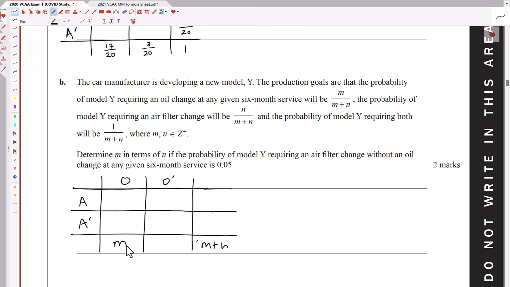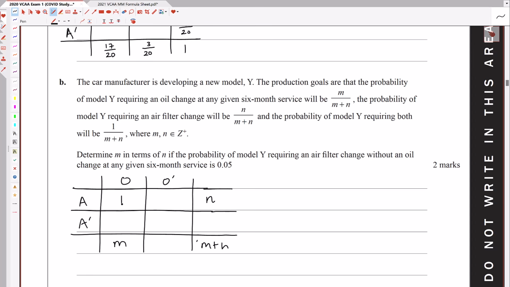The probability of model Y requiring an air filter change will be n on m plus n, so I'm going to put n here. So the probability, therefore, of this thing happening would be this over this. And then the probability of both is 1 on m plus n, so that would be a 1. And then just the algebra of filling in the rest of the table is easier.